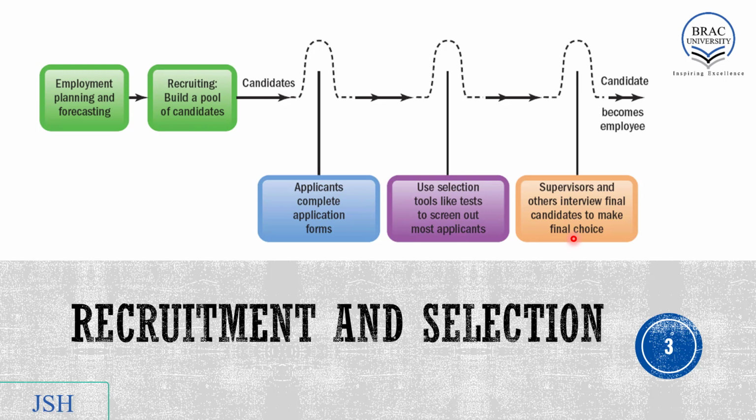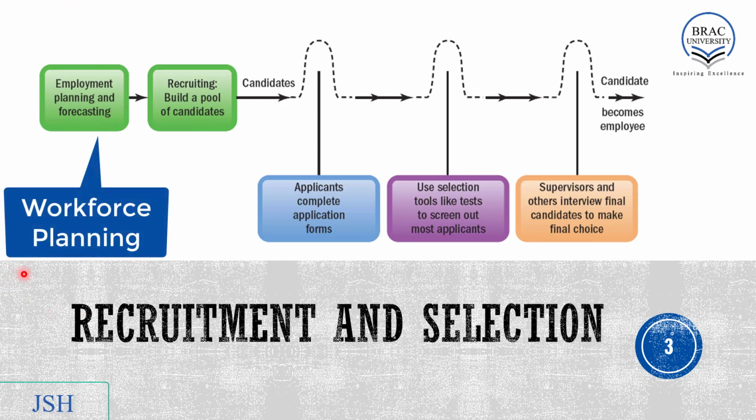The chapter on personnel planning and recruitment, which is chapter 5, and the chapter on selection, which is chapter 6, which is going to be taken by Maisha Miss. So from this whole picture, in today's class, we are going to focus only on this first green box, which is employment planning and forecasting, which is also known as workforce planning.